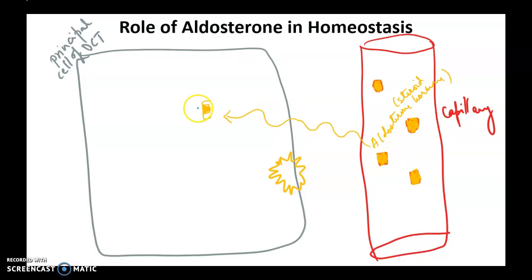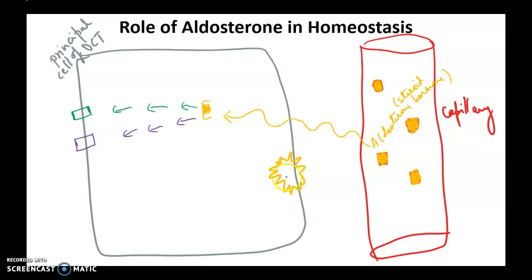First, it will trigger formation of sodium channels. So there will be sodium channels inserted. It will also cause formation of some potassium channels to be inserted. All right, fine.